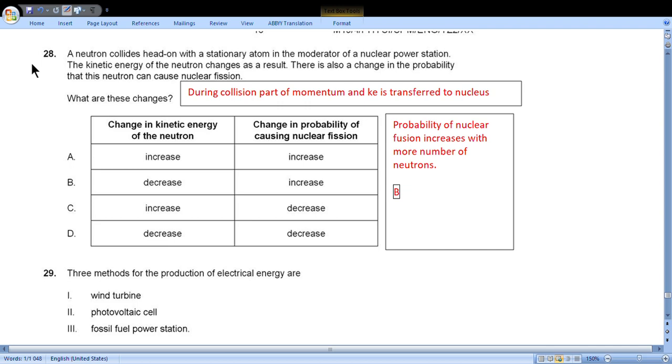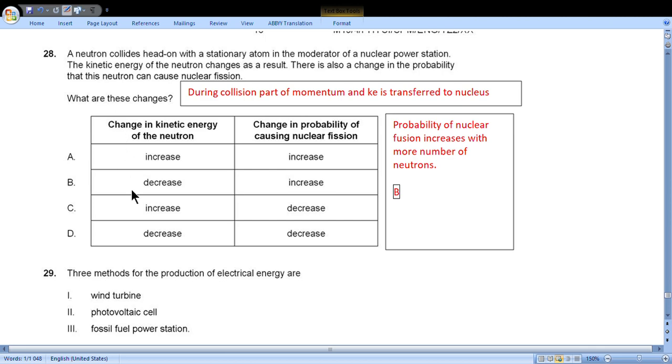Question 28. A neutron collides head-on with a stationary atom in the moderator of a nuclear power station. The kinetic energy of the neutron changes as a result. There is also a change in the probability that this neutron can cause nuclear fission. What are these changes? During collision, part of the momentum and kinetic energy is transferred to the nucleus. The probability of nuclear fission increases with a lower neutron energy.